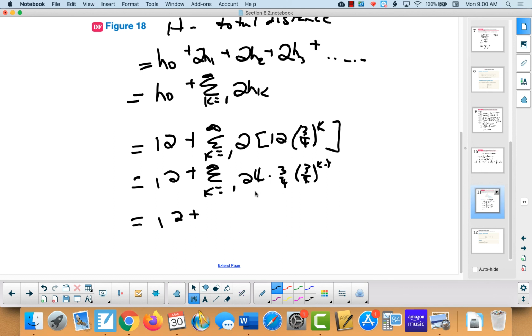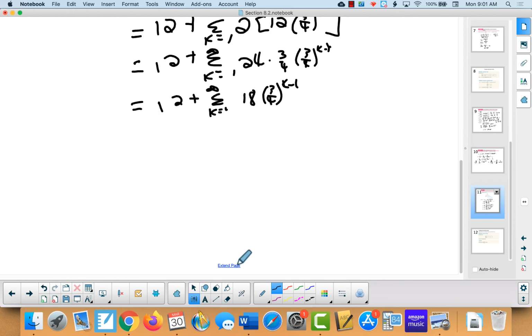So if I take 24 times 3/4, I get 18. That's our a for the formula. And then we have 3/4 to the k minus 1 power. So now we have it in the form we need. r is 3/4 and a is 18.